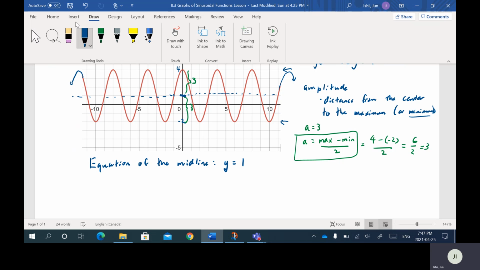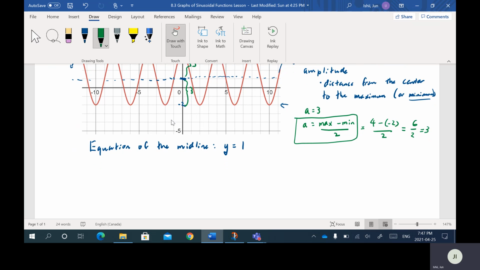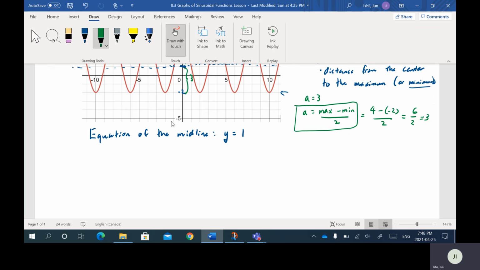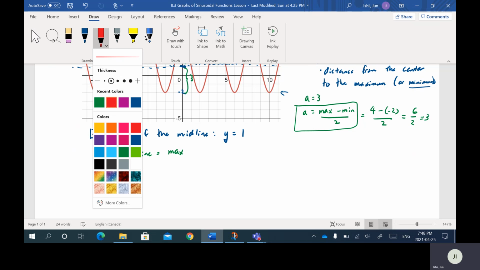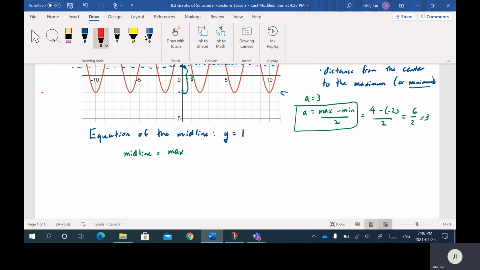Now there is also a formula that we could implement to get it if we can't just count it. For the midline, you're going to take the maximum, and this time, it's different from the amplitude.